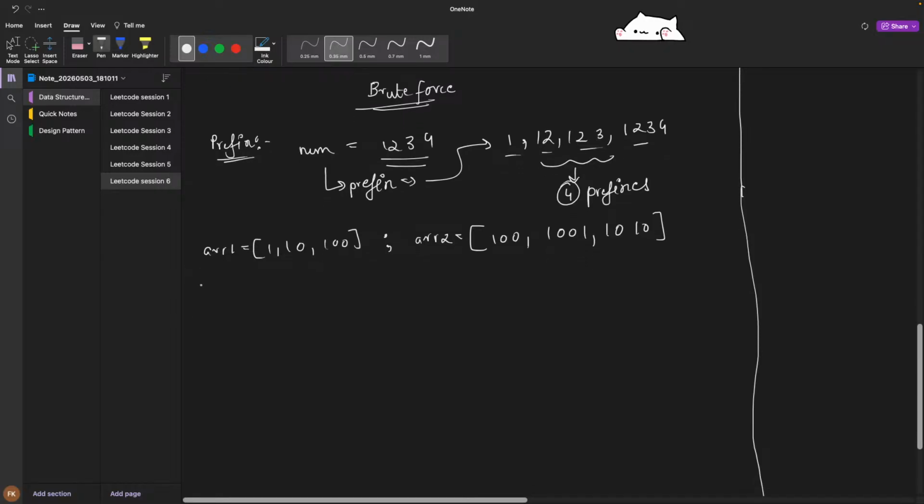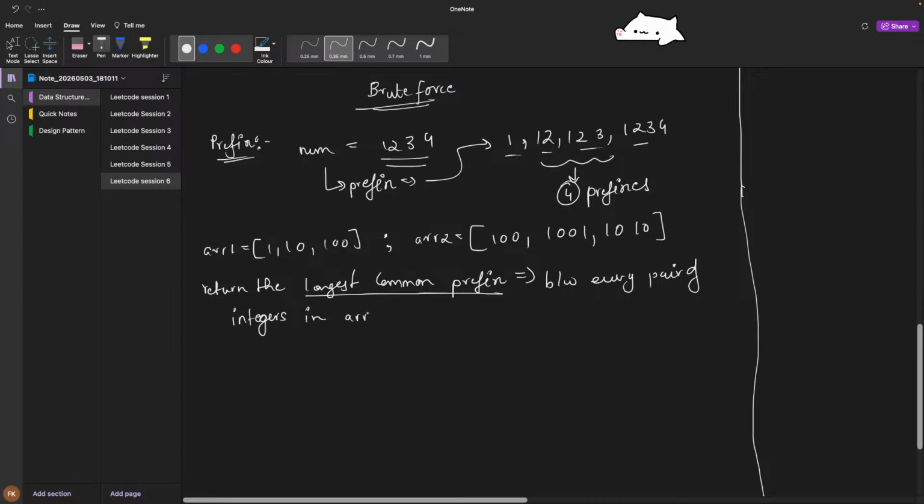It wants us to return the longest common prefix, common as in between every pair of integers in ARR1 and ARR2.